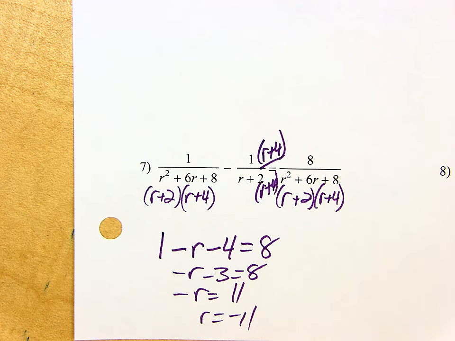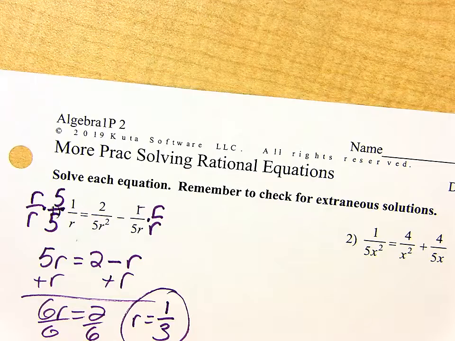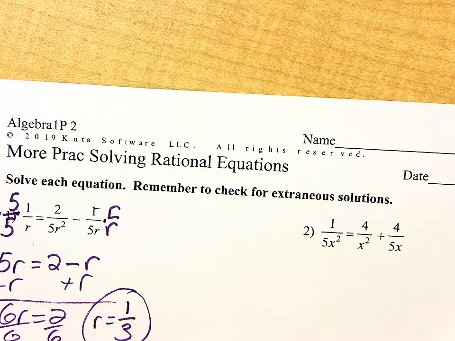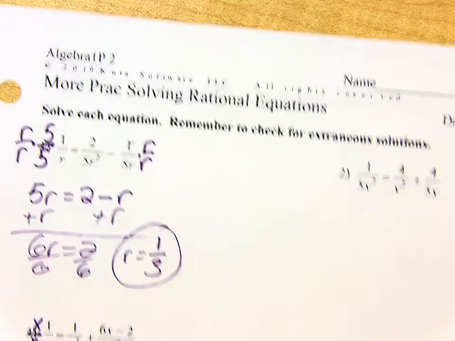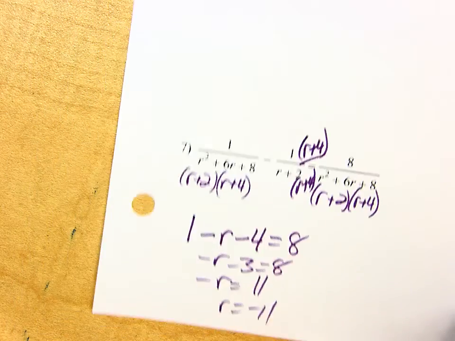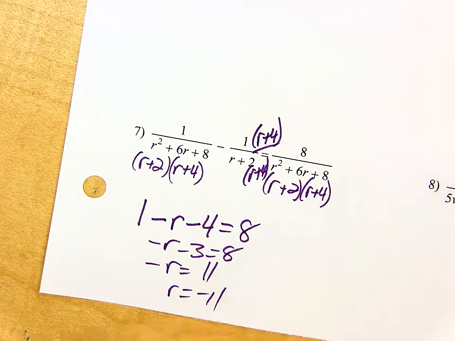There is something that we do have to talk about. If you look back up at the directions, it says solve each equation. Remember to check for extraneous solutions. What in the heck are they talking about? What does extraneous even mean? Great question.